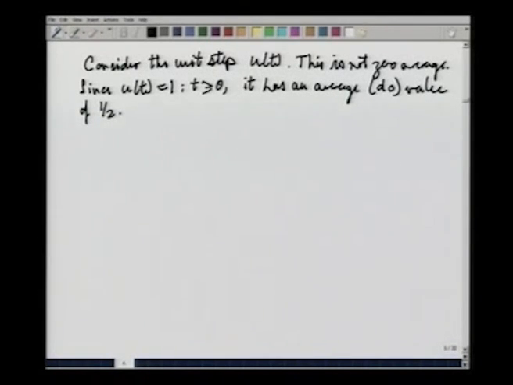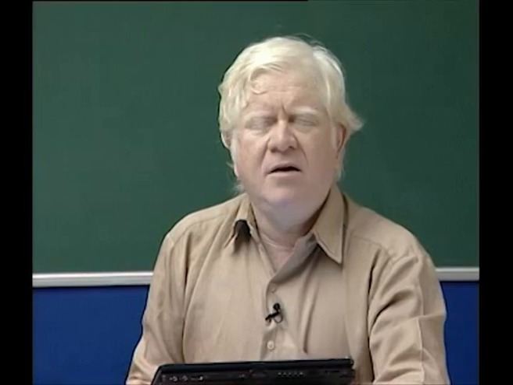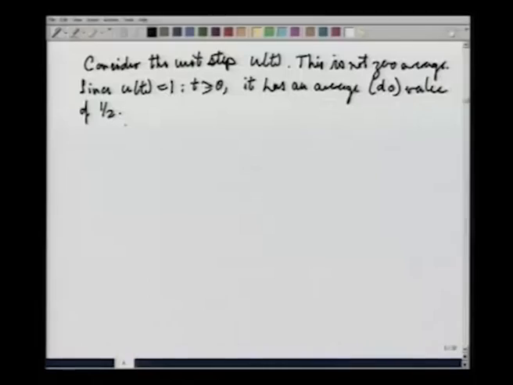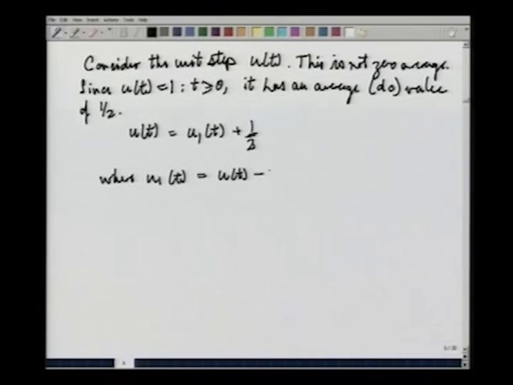So, I will express u of t as a sum of a zero average component and a component which is the DC part, u1 of t plus half, where u1 of t is simply equal to u of t minus half. So, this is what I have for u1 of t. So, u1 of t looks like this.